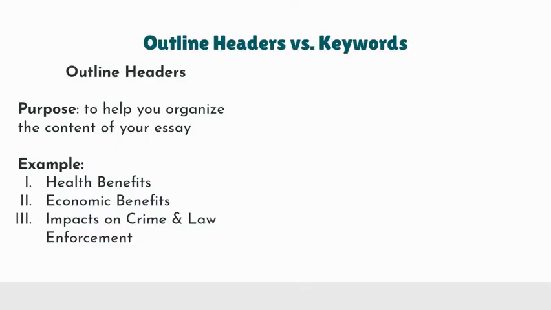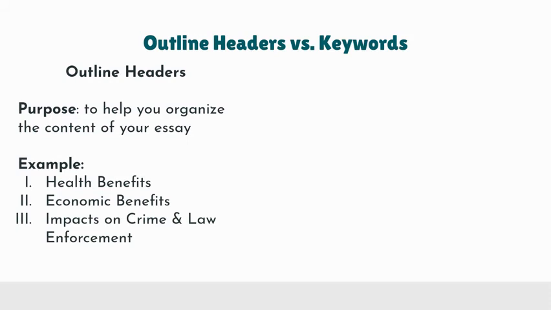Now, one thing I like to point out is that keywords are different than outline headers. The purpose of an outline header would be to help you organize the content of your essay. So it might look like this: maybe first I'm going to talk about health benefits, then economic benefits, then the impacts on crime and law enforcement. But I wouldn't want to just type that into a database.